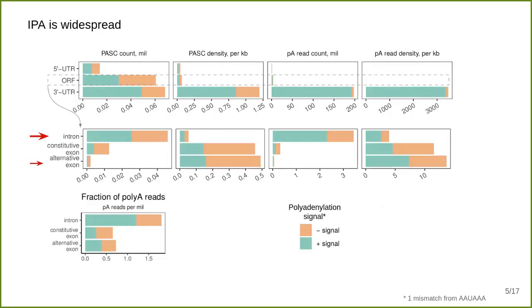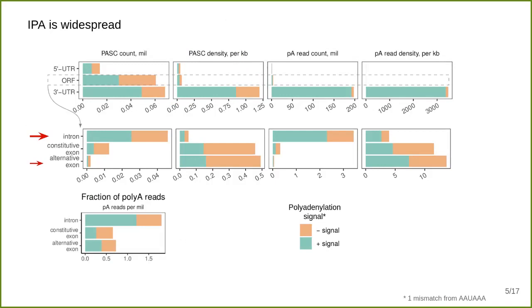Next, we used the obtained set of polyadenylation sites to analyze the distribution of polyadenylation events in the genomic regions. Expectedly, number of sites and site density was highest in 3' UTR regions. However, more than 60,000 unannotated polyadenylation sites were also found in open reading frames.